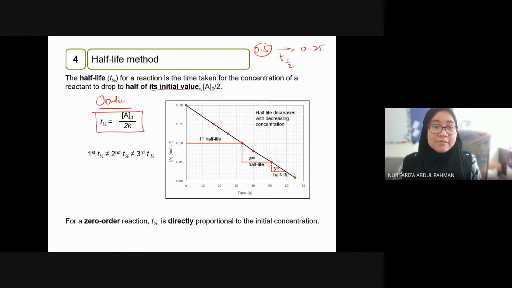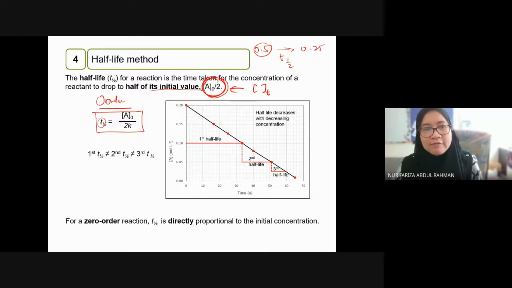Sebenarnya macam mana dia dapat begini? Sebenarnya because this one is derived from the integrated rate law. Remember integrated rate law, we do have T, right? So sebenarnya kita masukkan this one dekat A at T time. Kita transform because we already knew that what we want at T time, it should be half of the initial value. So you masukkan this one dekat dalam the formula.